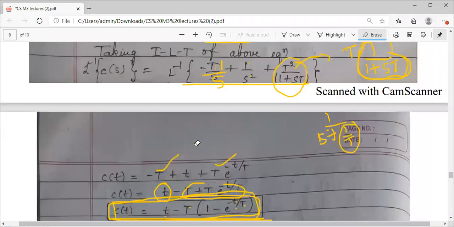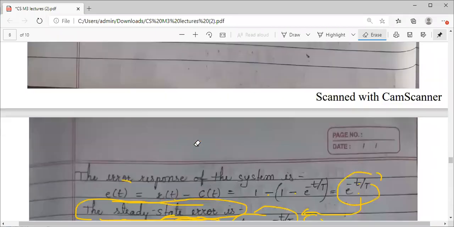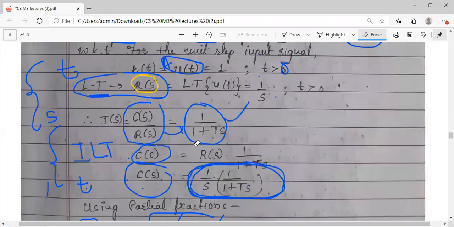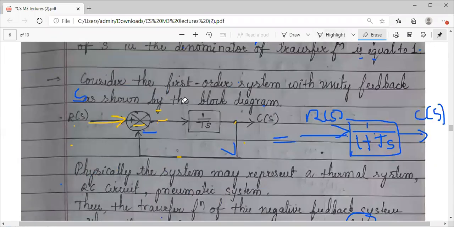The system considered for our calculations is very simple. It has got unity feedback. You can see, it is a very simple system. This system has got a unity feedback. Okay, there is no h term here. It has got a forward gain of 1 by t into s.